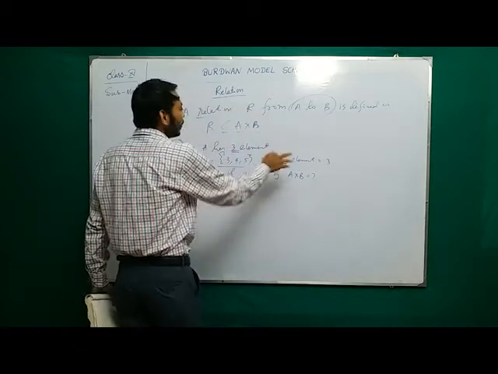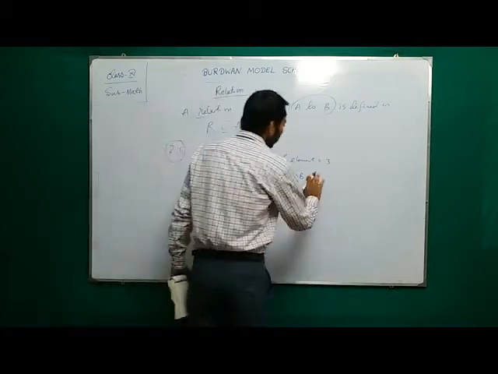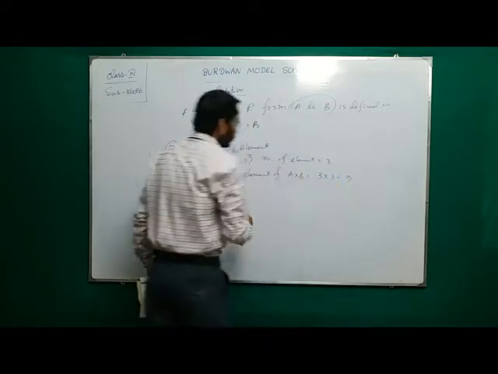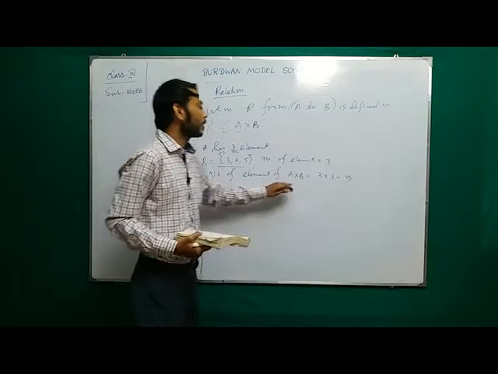So the number of elements of A cross B will be 3 cross 3, that means 9. That means A cross B contains here 9 elements.